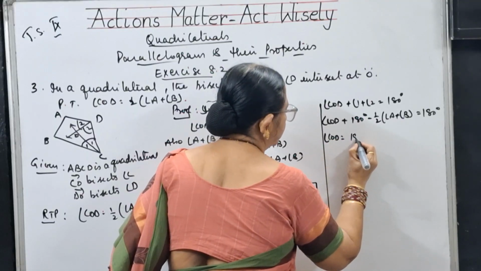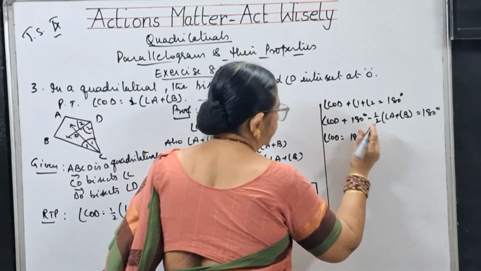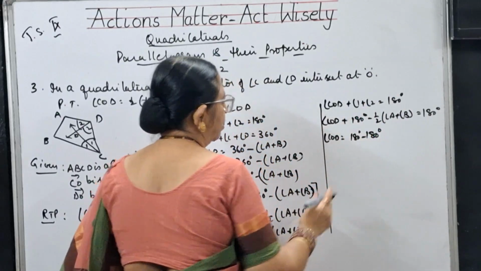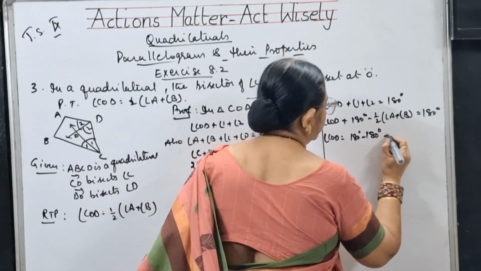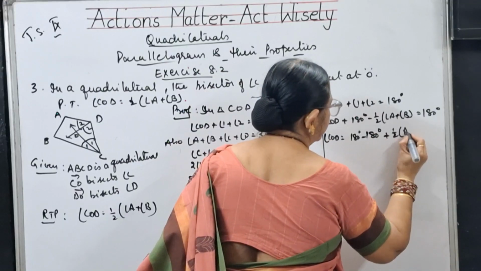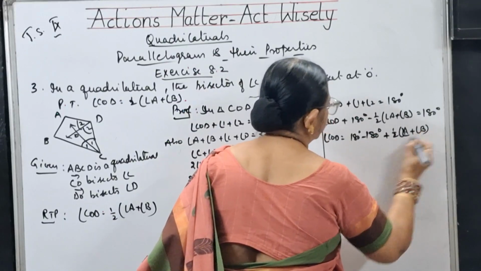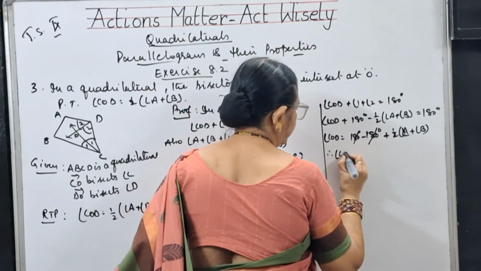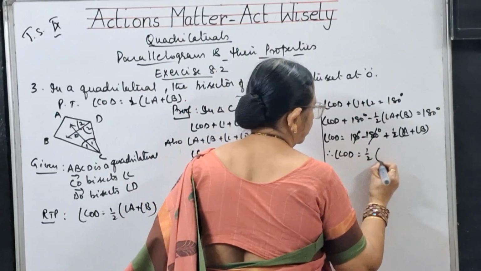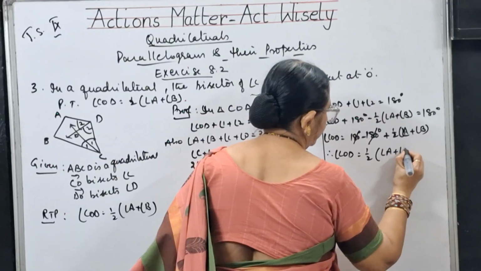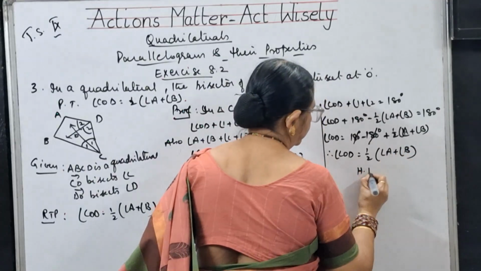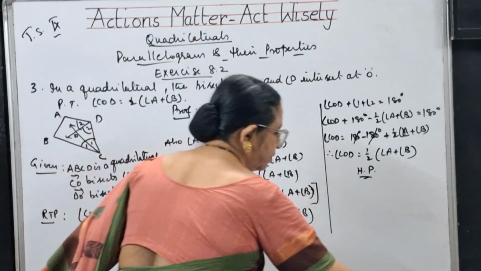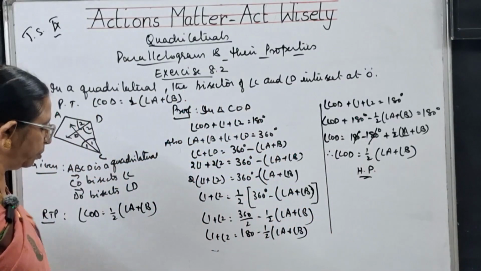Angle COD is equal to 180 degrees minus 180 degrees, plus 1 by 2 angle A plus angle B. So 180 and 180 will get cancelled. Therefore, angle COD is equal to half of angle A plus angle B. Hence, proved. This is the proof of this theorem, children.